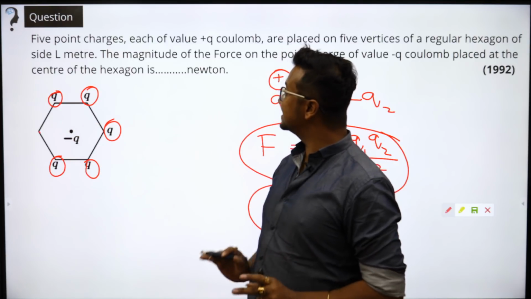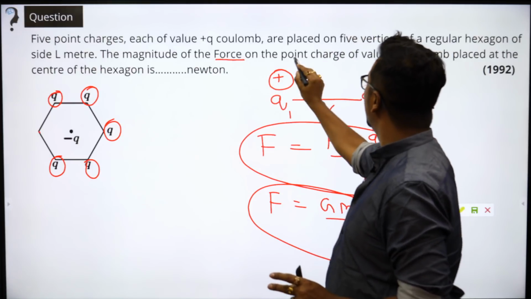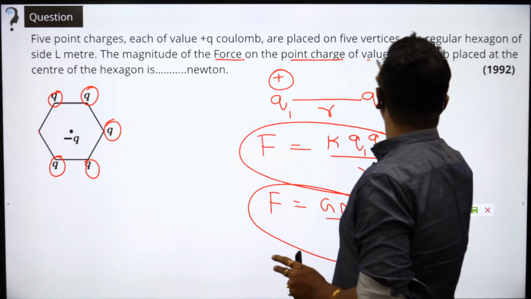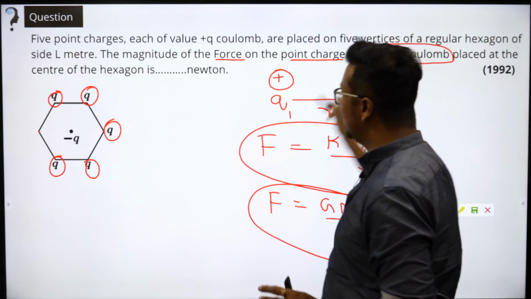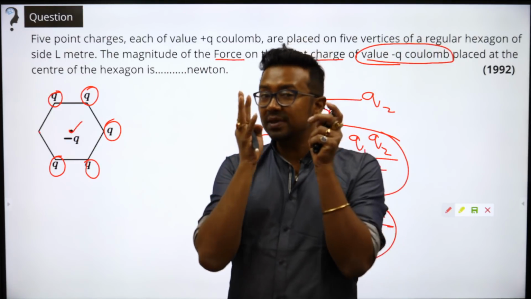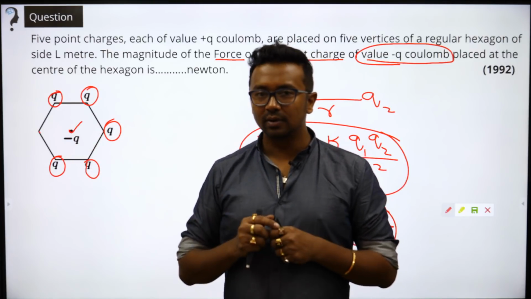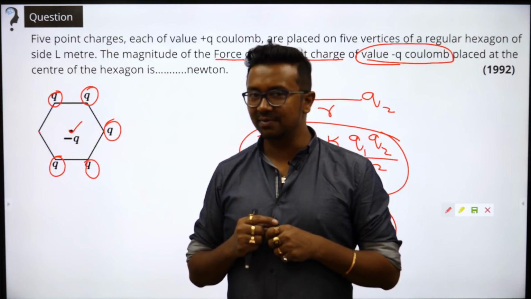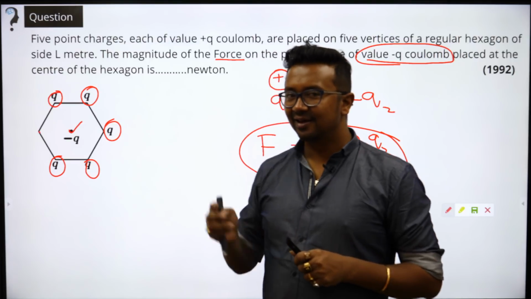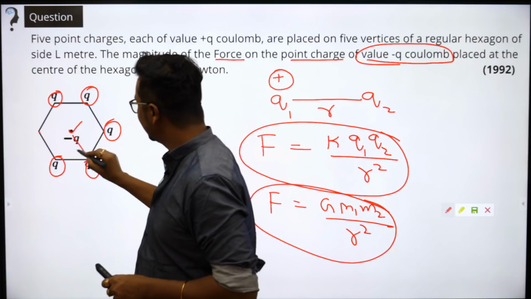Now they are asking us what is going to be the magnitude of the force on the point charge of value minus q coulomb. That means they are talking about this charge. So what should be the force on the charge placed at the center? Now the question that comes to mind is, using Coulomb's law, let me find out.